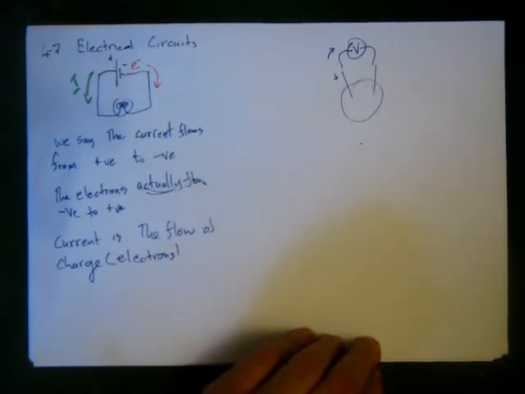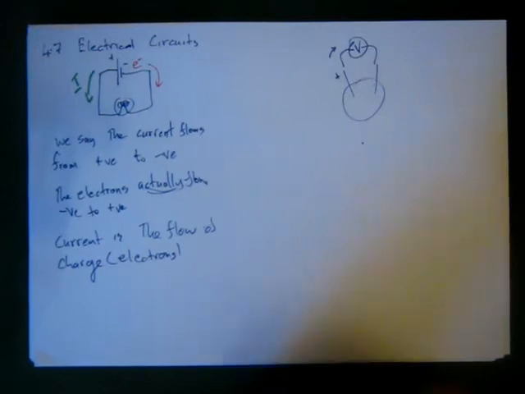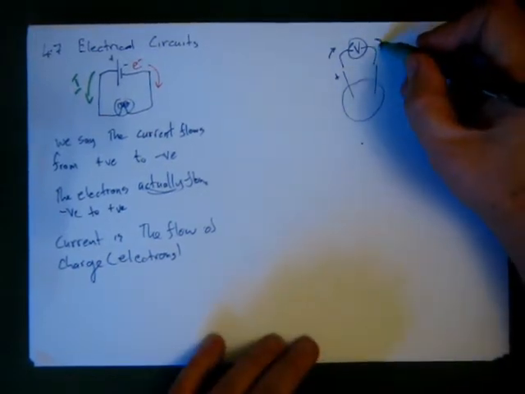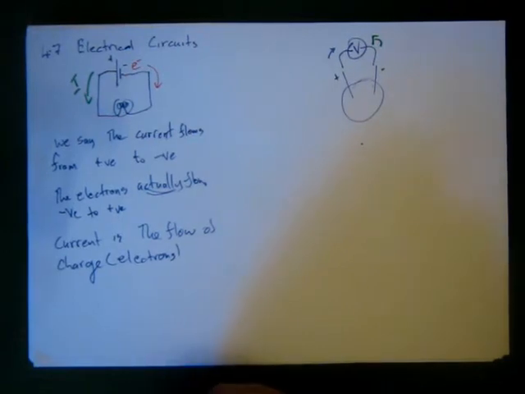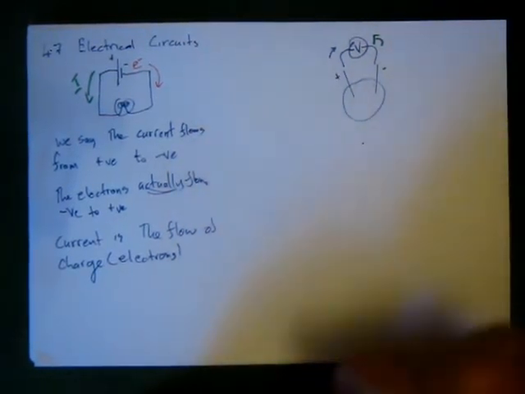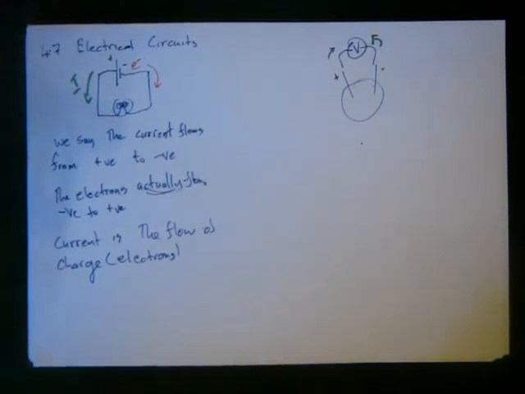This is before they did. And then it was only like 50 years, 100 years later that they discovered the electron and realised the current was actually going the other way. And by then it was just too late to change. All the textbooks said it went that way. So ever since then we've said it goes that way.